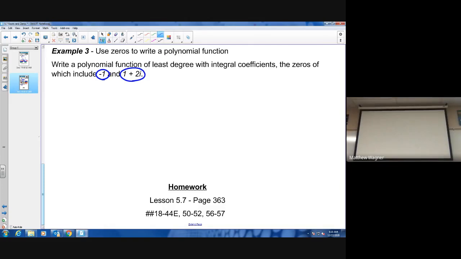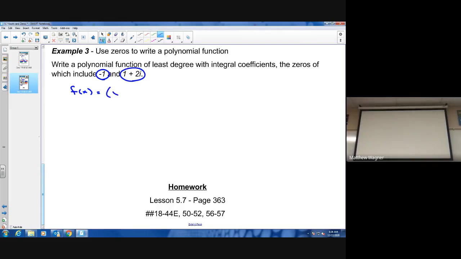Keep in mind, when you're writing a function, we have all of our factors and any coefficient in the problem. It says, write the function of least degree with integral coefficients, so we can't have fractions in the problem. And then it says the zeros include -1 and 1 plus 2i.